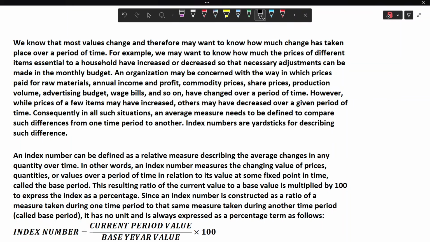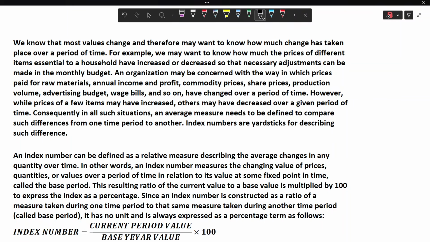However, while prices of a few items may have increased, others may have decreased over a given period of time. Consequently, in all such situations, an average measure needs to be defined to compare such differences from one time period to another. So index numbers provide a yardstick for such difference.